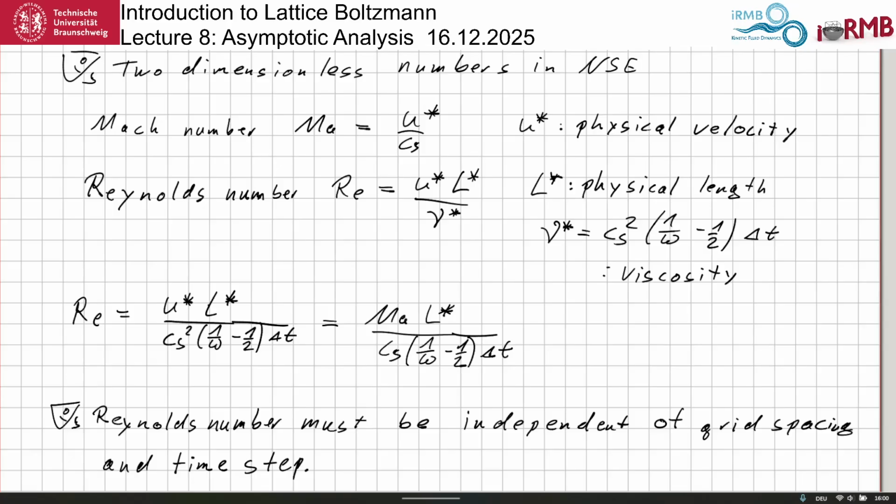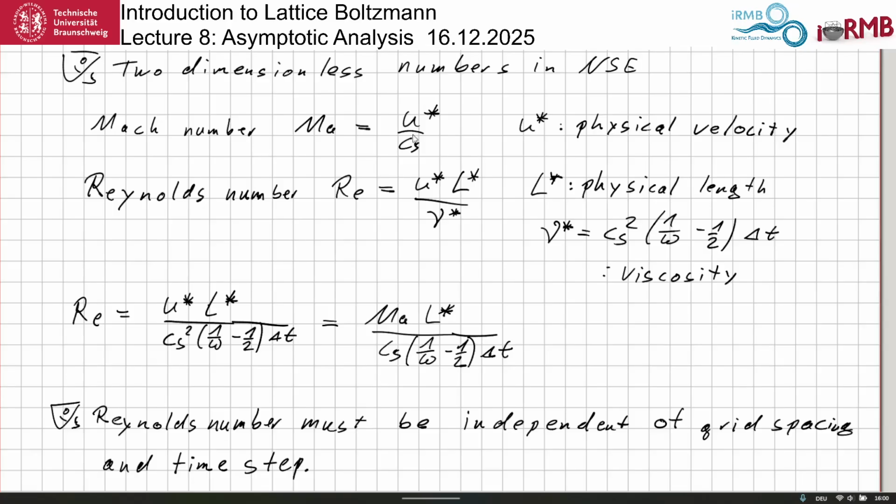In numerics, this is why I don't teach this here. I just mention it so that you don't get confused. In numerics, we are not interested in scaling up our problem. Our problem has a fixed size. We are interested in scaling down our discretization. That would be like, in the Chapman-Enskog expansion, making atoms smaller, which does not make physical sense, but in numerics it makes sense. So here is a difference: Chapman-Enskog, upscaling of the Reynolds number. Here, in this asymptotic analysis, the Reynolds number is fixed. Very important point.